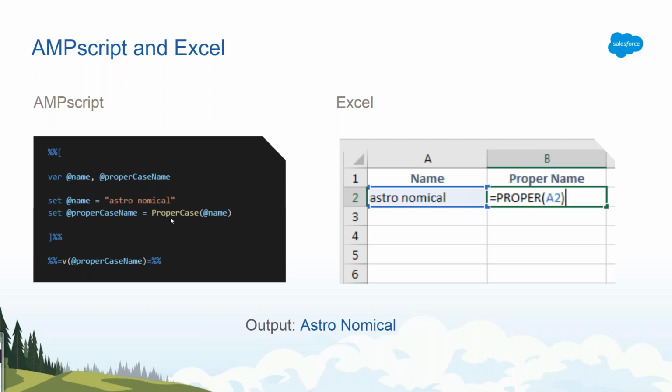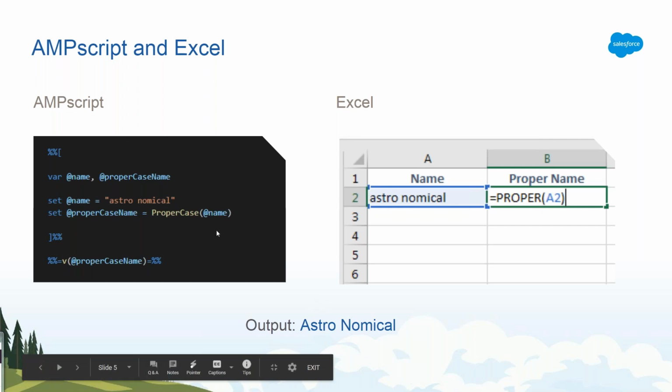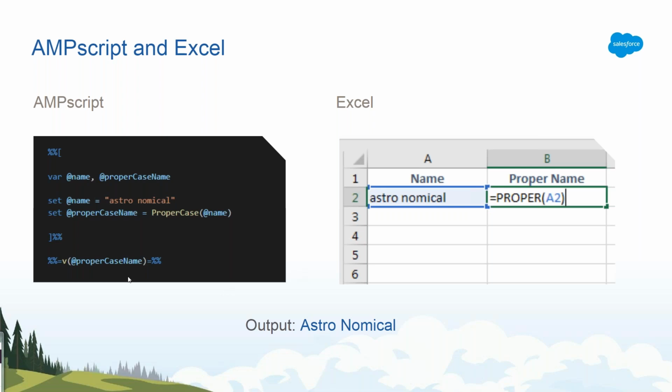That means it capitalizes the first letter of every word in the string. It's very similar to how the PROPER function works in Excel. Again, it also takes the input from cell A2, and the output gives a capitalized first letter of every word. So the output of both those functions will be the same.